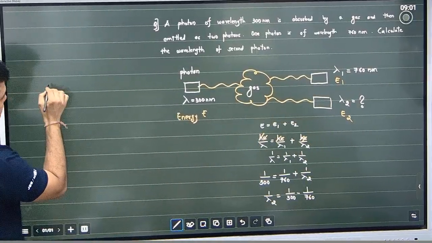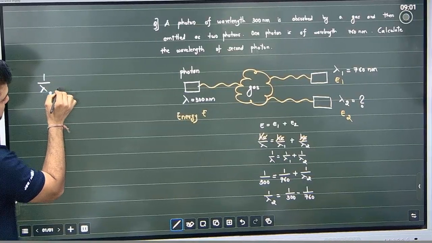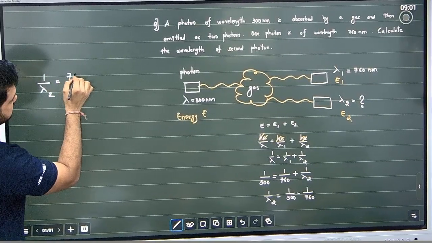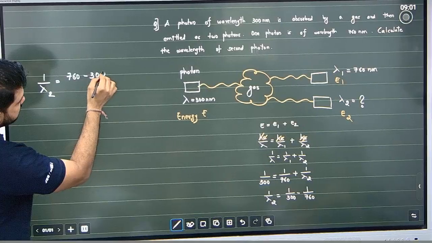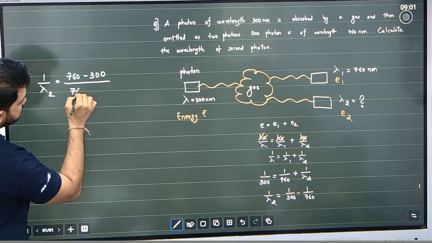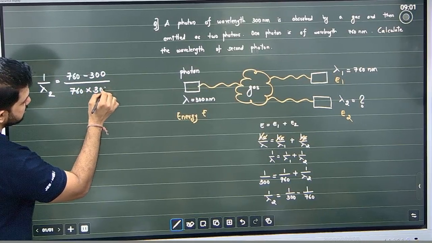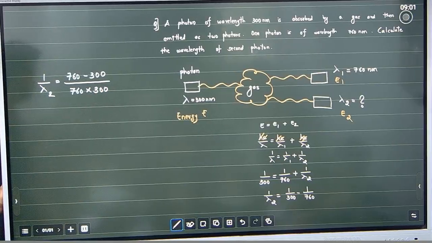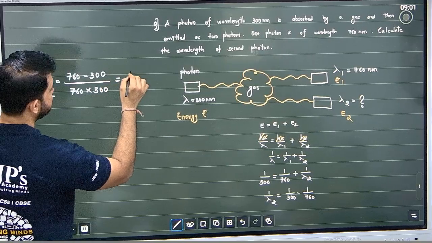So, can I say 1 over lambda 2 will be 760 minus 300 over 760 times 300. How much is 760 minus 300?